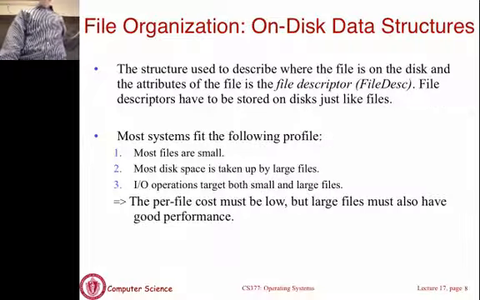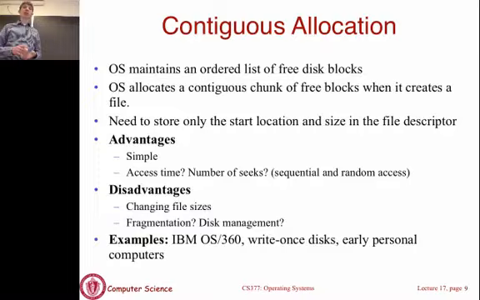So let's consider how we can store these files on disk. This is hopefully going to sound a little bit familiar from our discussions of memory management. Let's start with the simplest possible way, contiguous allocation. When we have a file and need to lay it out somewhere on disk, we have a bunch of free blocks, because remember, from the OS's perspective, the disk is basically a big, huge array of blocks.